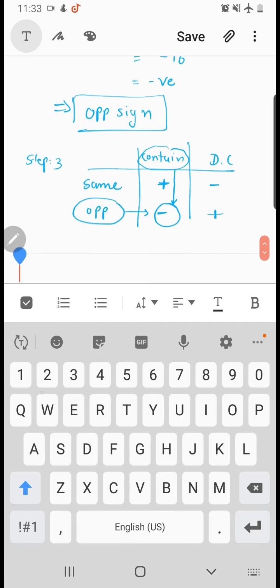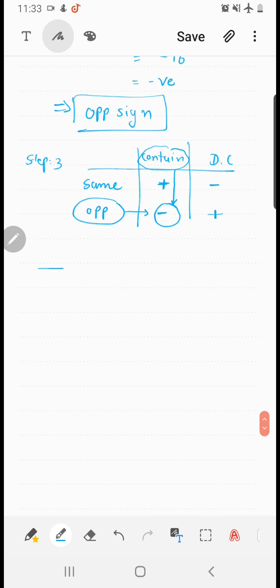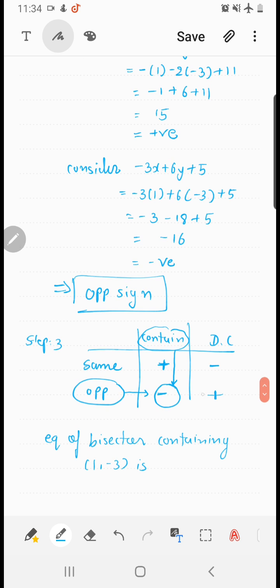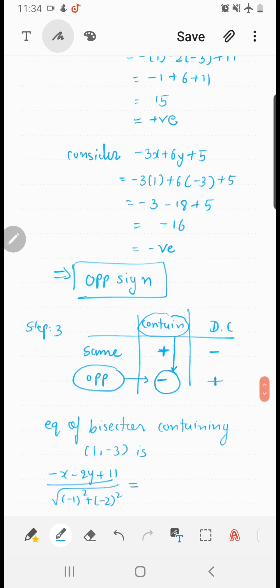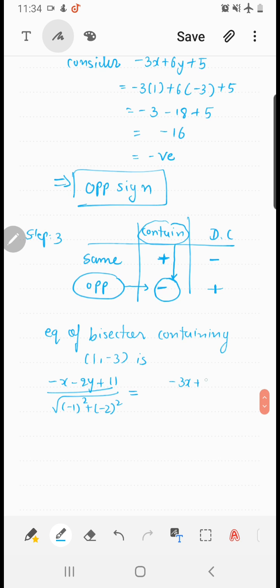Okay, so here therefore the equation of bisector containing the point 1 comma minus 3 is, okay, let's take the first equation which was minus x minus 2y plus 11 upon under root of the sum of the squares of the coefficients, is equal to, let us take the second equation which was minus 3x plus 6y plus 5 upon under root of minus 3 square plus 6 square.